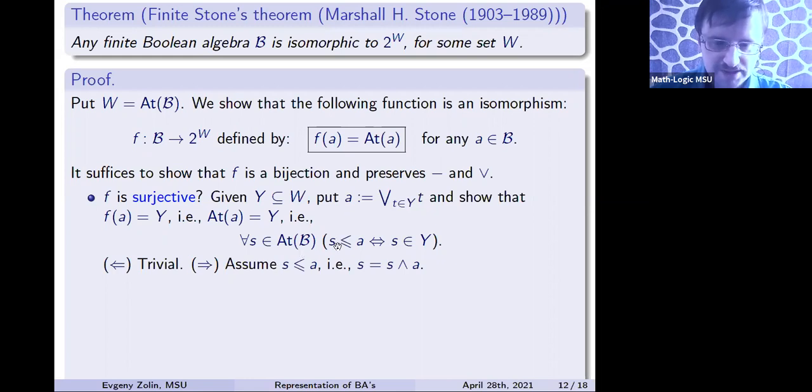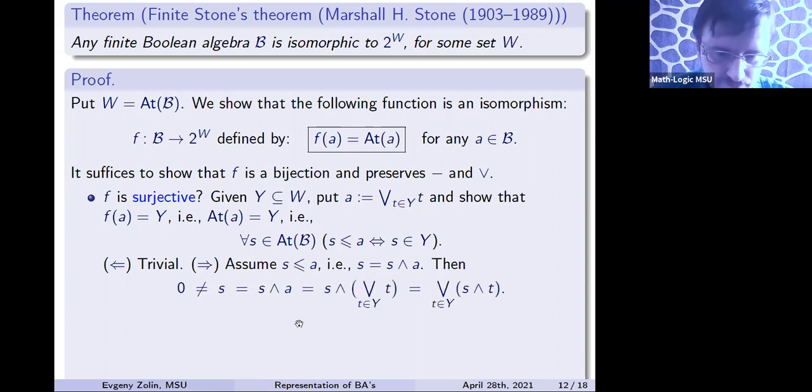Assume that S is below A. So by definition, this means S is equal to S conjunction A. Now let us calculate in our Boolean algebra. We have that the element S is non-empty. It is equal to S and A. A, by definition, is this big disjunction. And this disjunction is finite because we are in a finite Boolean algebra.